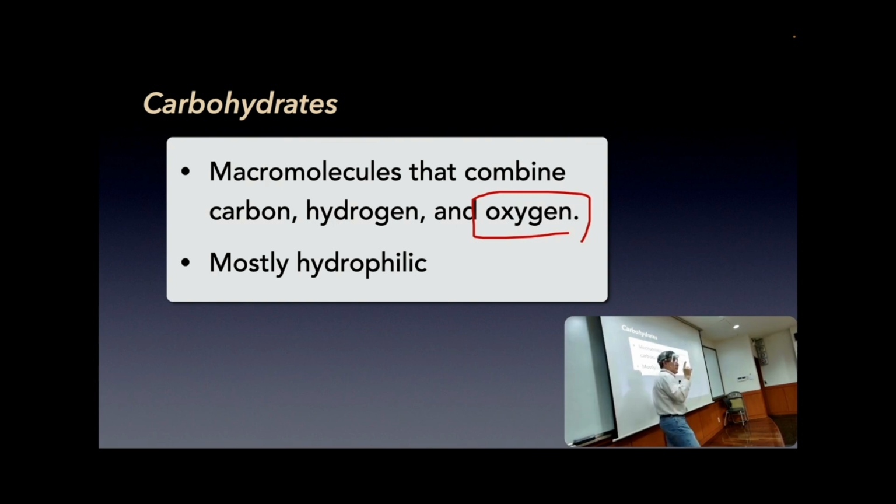So you have a big problem. How are we going to make sure the safe transport of those important hydrophilic molecules in and out through the cell membrane? Any idea?